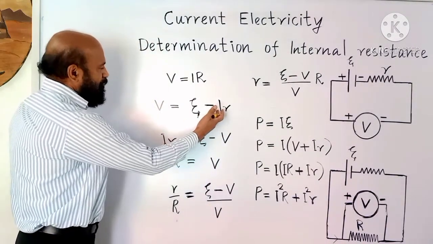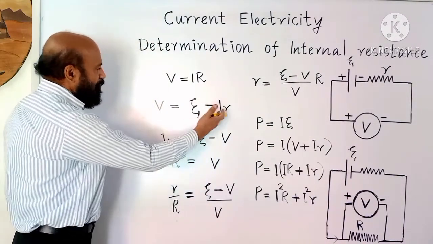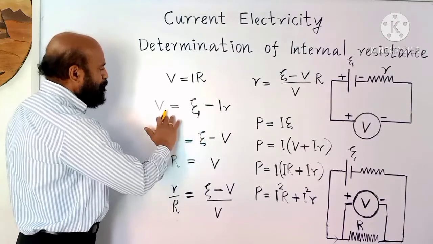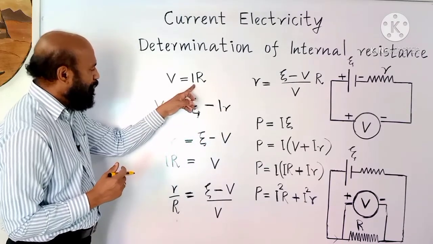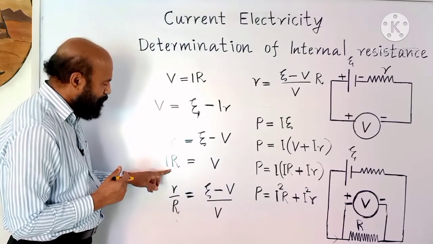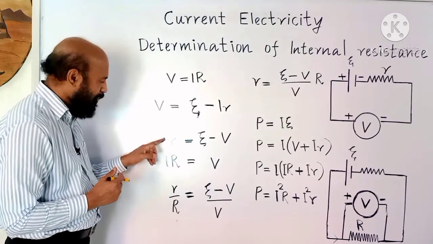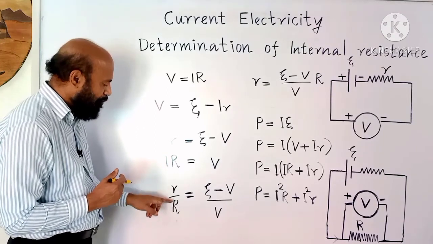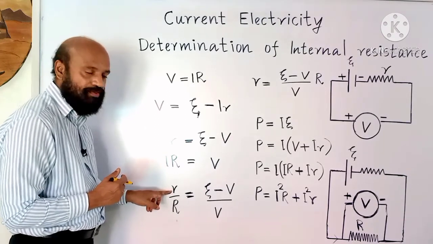Now rearrange this expression. So Ir is equal to psi minus V. Here IR is equal to V. Divide this equation by this equation, so I will get cancelled. So you will get r by R, where r is the internal resistance of the cell.